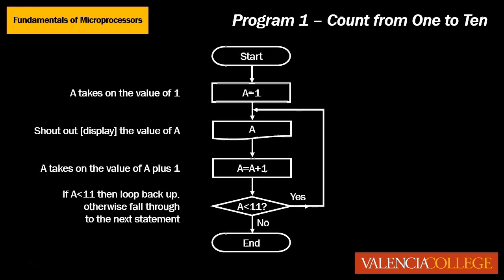The packing boxes the widgets are being placed in only hold 10 widgets, so you decide to write a program to count to 10. The first step is to convert each of the boxes or steps in the flowchart into their corresponding x86 microprocessor instructions.